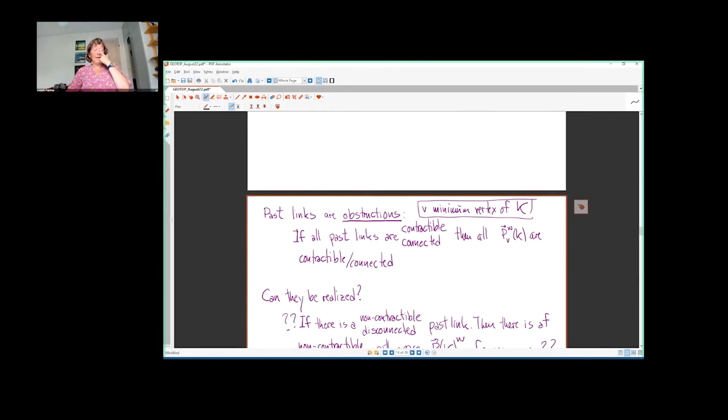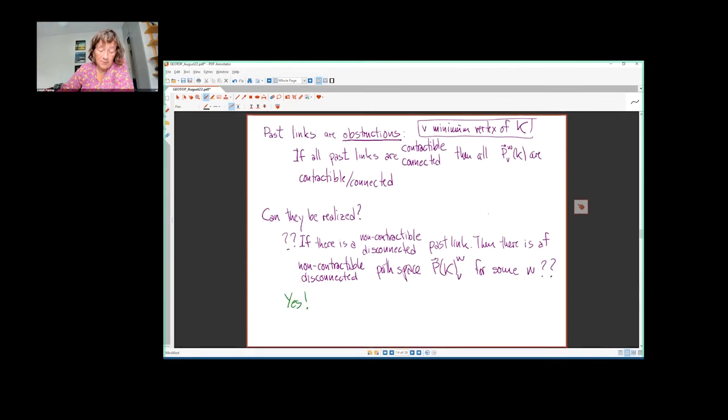The way you can think about this is that these past links can be thought about as obstructions in the usual algebraic topology sense. Because we know that if all past links are contractible, then all path spaces are contractible. We know that if all past links are connected, then all path spaces are connected.